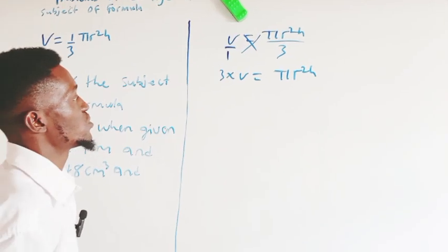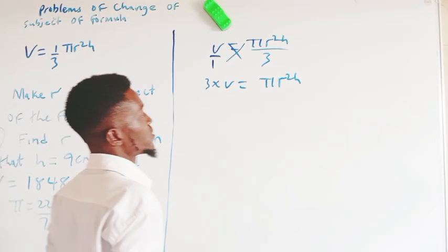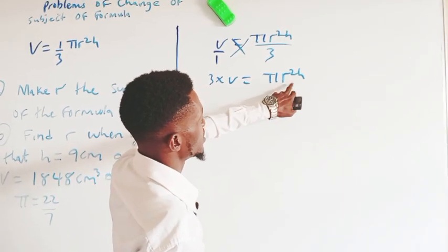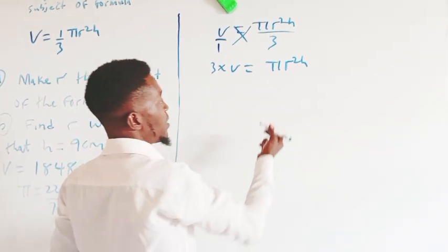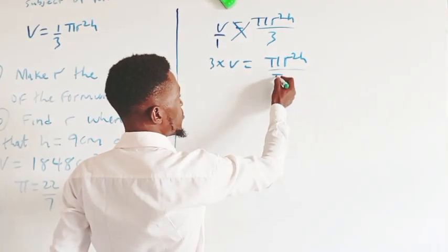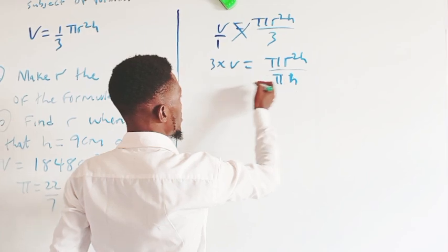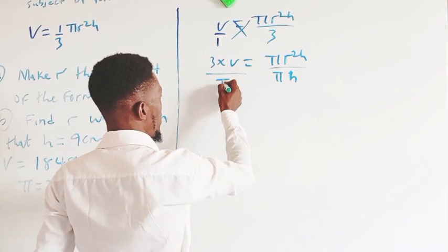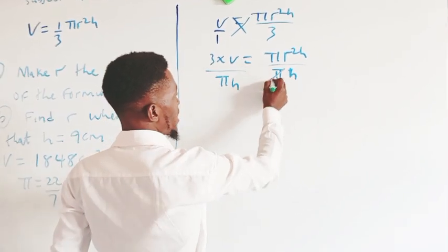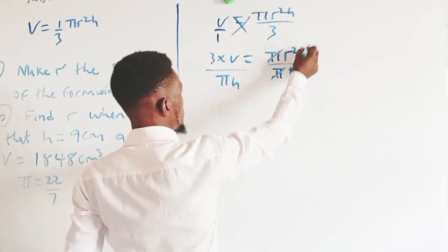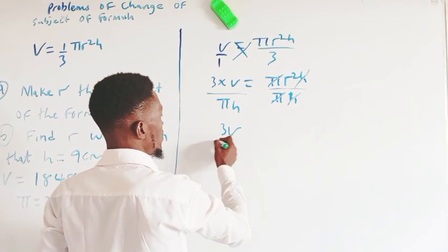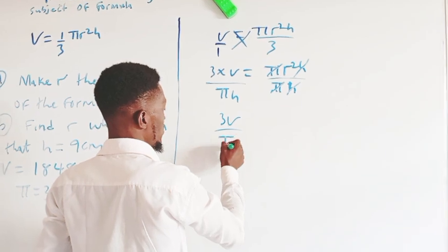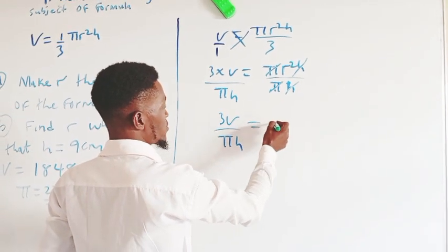What are we expected to do? Pi and h are attached to r squared, so we have to divide both sides by pi h. Pi cancels pi and h cancels h, so you are left with 3V over pi h.